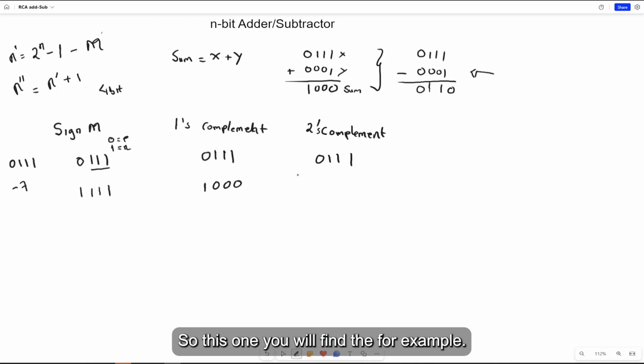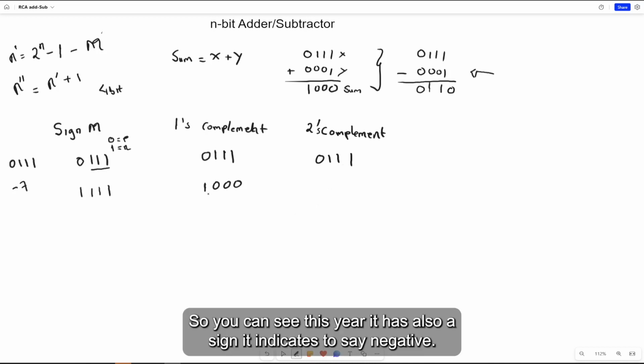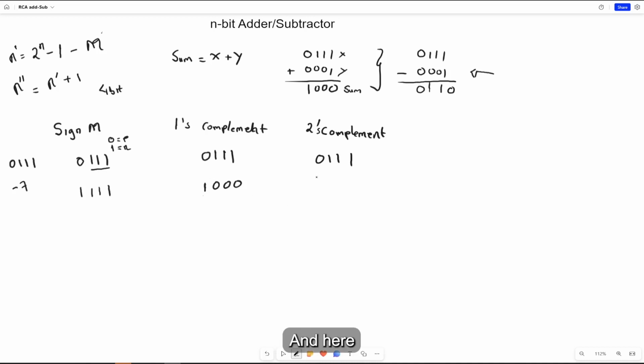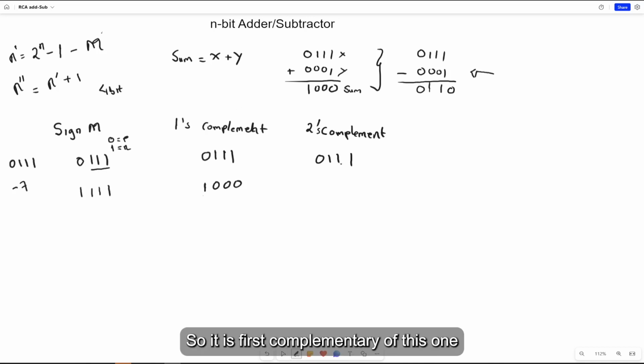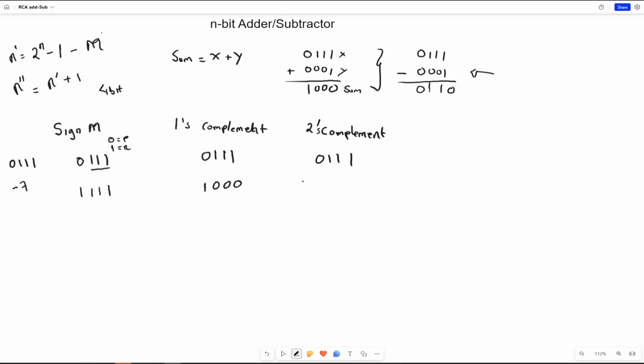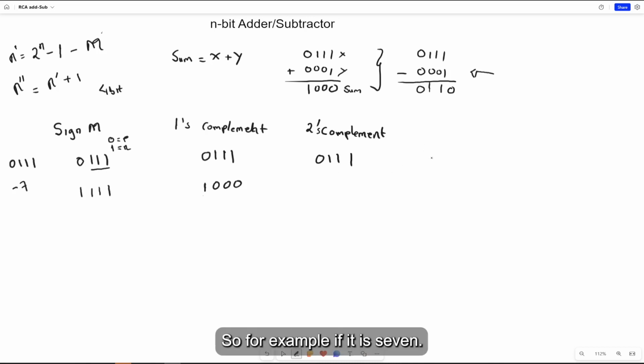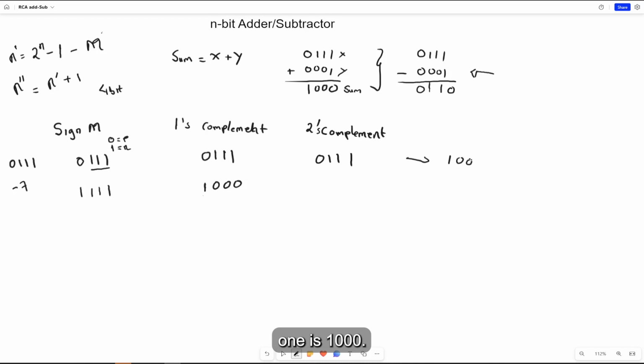You can see it also has a sign bit indicating it is negative. So minus 7 here is the first complement of 7, which is 1 0 0 0, plus 1, so it is 1 0 0 1.